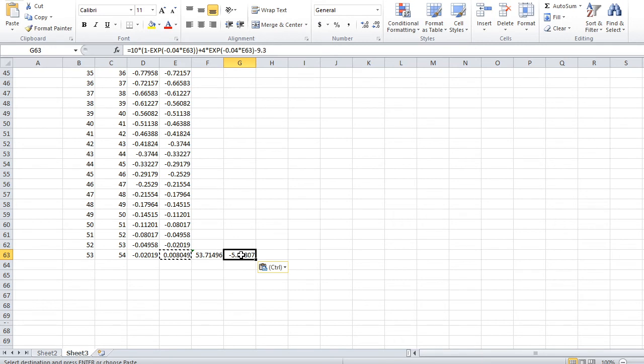But in this case we will have to change the value of our guess to this one. Similarly change here. Enter. So f of tr is equal to minus 0.00115. It will be the root if this f of tr equals 0.